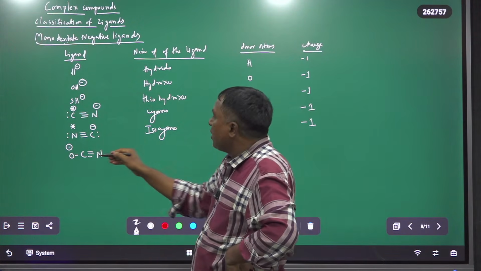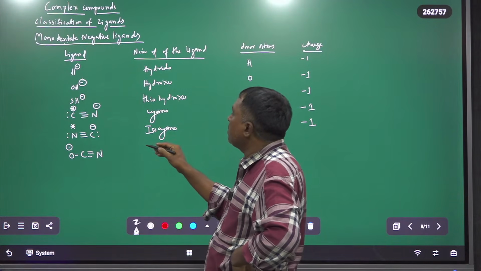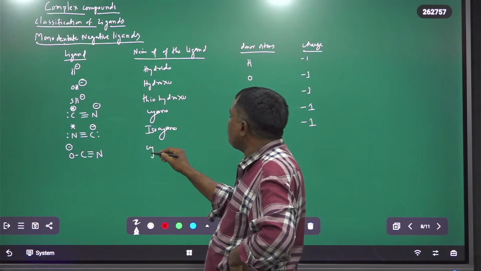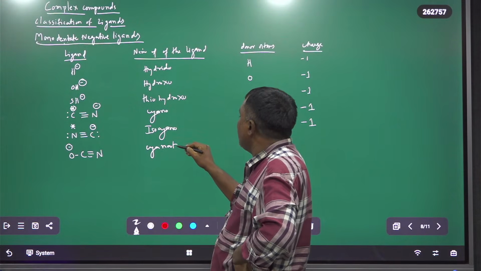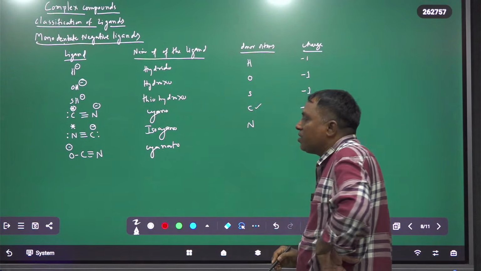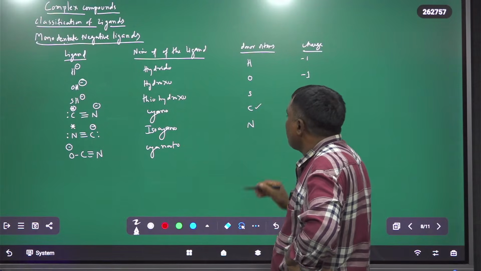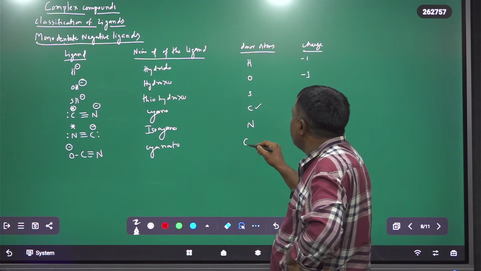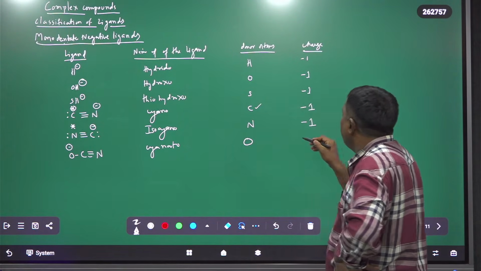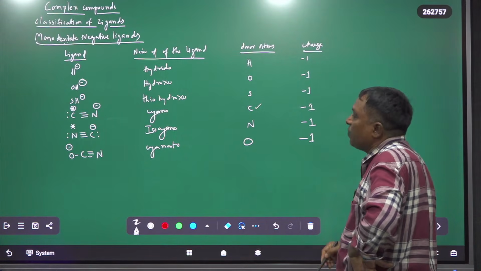This is cyaneto, and this is isocyaneto. Cyaneto is the name of the ligand O minus C triple bond N. Here oxygen is the donor atom, and charge on the ligand is -1.